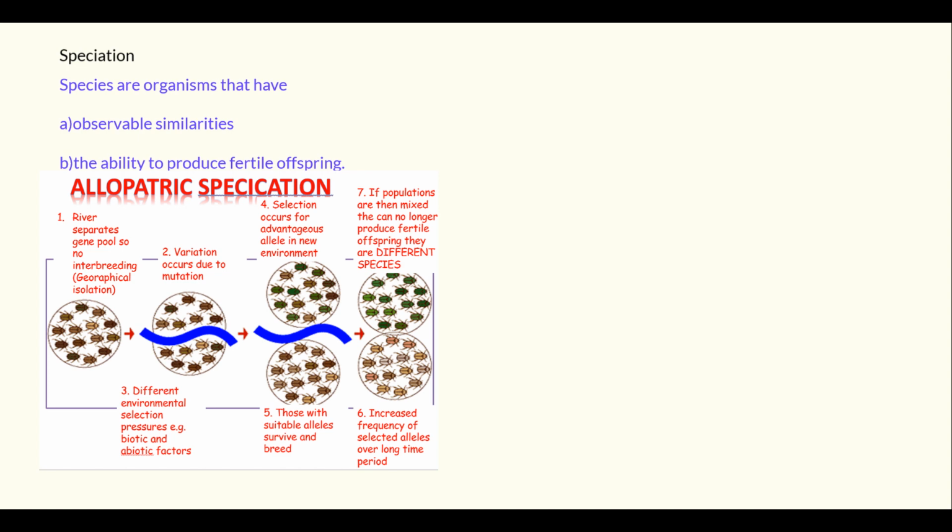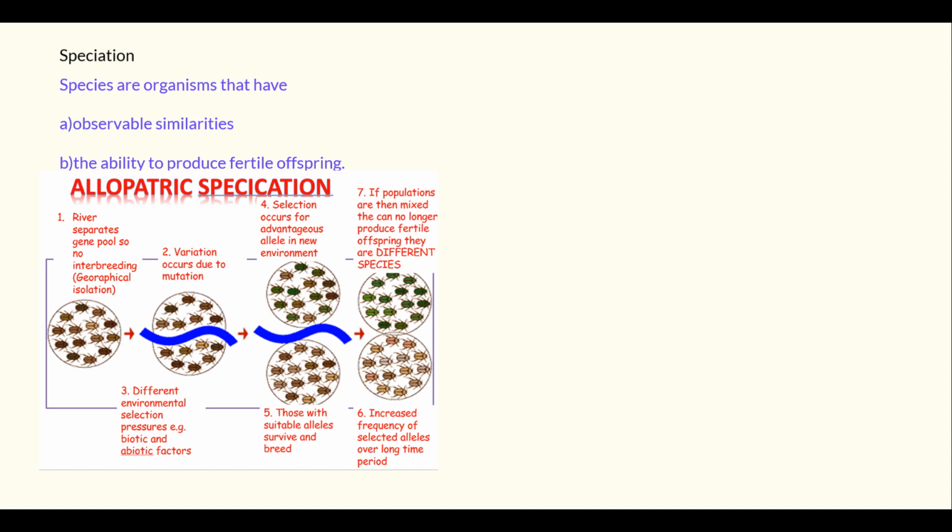Point 7 is that what confirms that two species have been created is the fact that if you bring two individuals from the species back together, then they are unable to produce fertile offspring. That's the key. If they cannot produce fertile offspring, they are two different species.